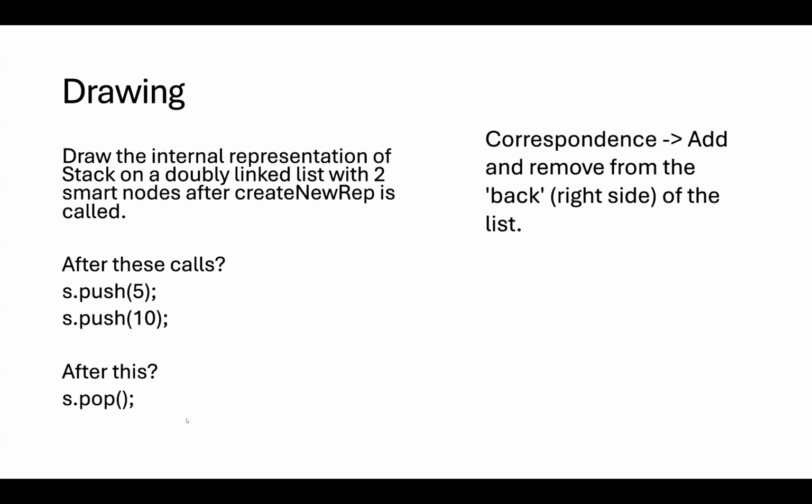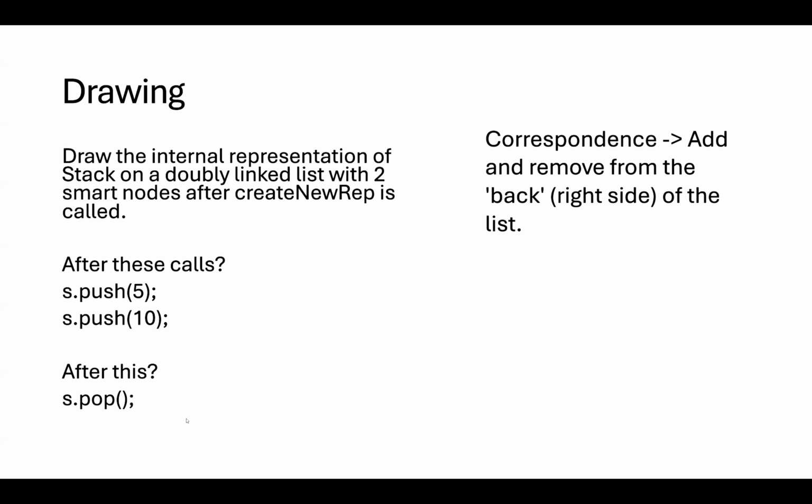So you would likely be given the code for create new rep, but you're going to have pre. This is a general rule for doubly linked with two smart nodes. Pre from the class points to the first smart node. Post in the class points to the last smart node, or the second, right?